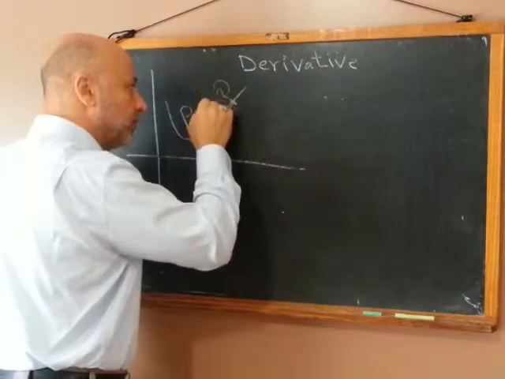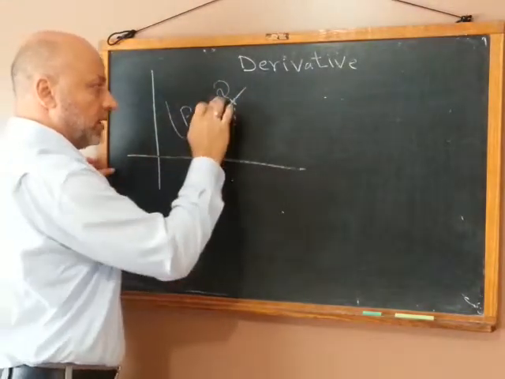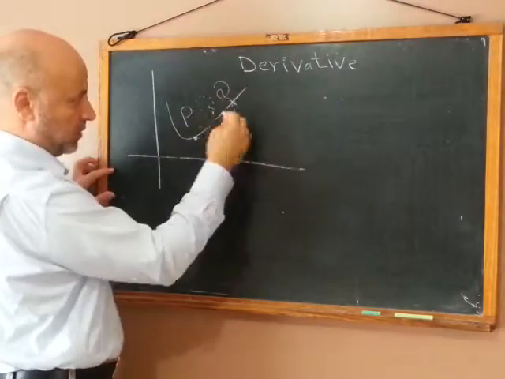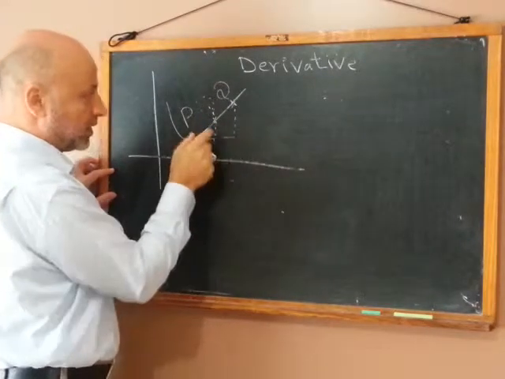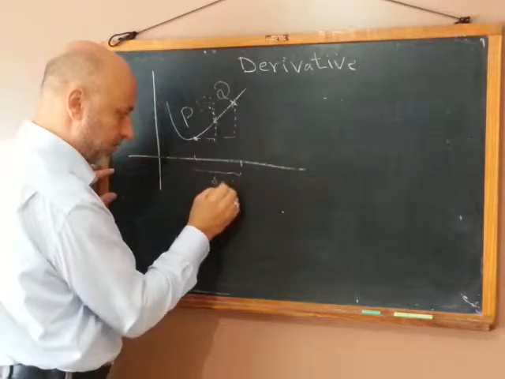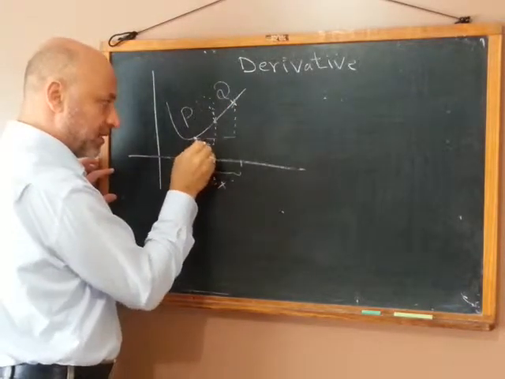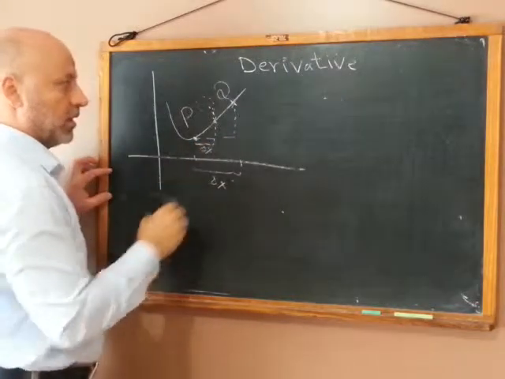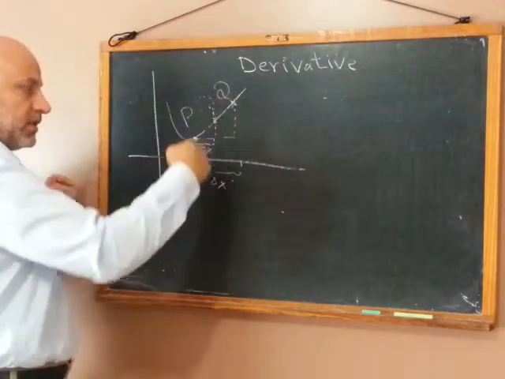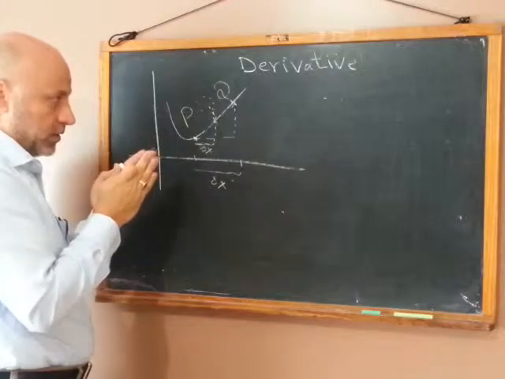But if you move point Q towards point P, what happens? Let's say this is Q, and you move Q here. What happened to the delta x? That's the delta x, right? First time. Then when we move it, we get another delta x, smaller. Then if we keep moving Q towards point P, delta x will shrink and be really close.